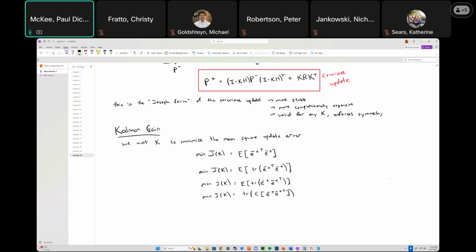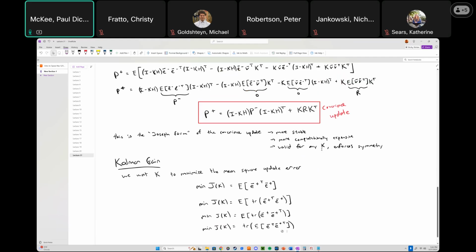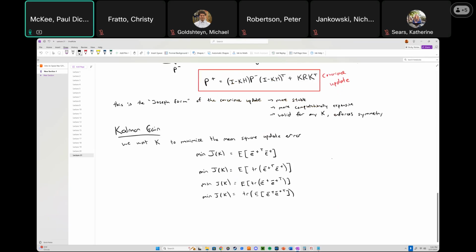The expected value of E plus E plus transpose is the covariance. So minimizing our mean squared update error is the same thing as minimizing our covariance, or to be more precise, the trace of our covariance. So same thing. Are we trying to minimize our error, or are we trying to minimize how much we don't trust our state?